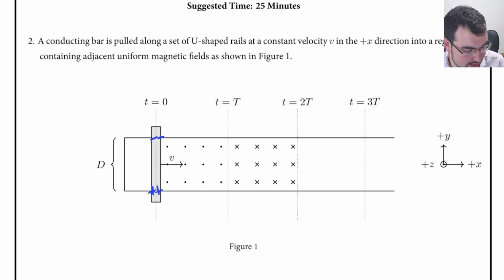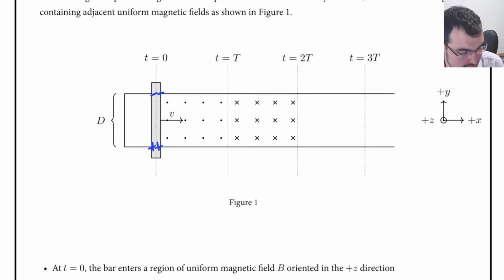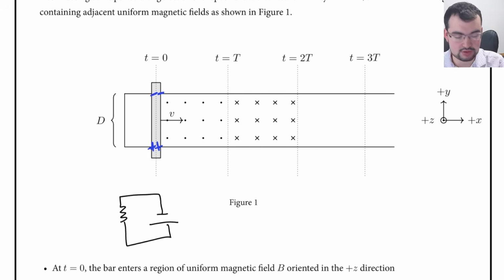So essentially we've turned our bar at this short time into a battery like this, and using the Hall effect, we could see we're going to get a current through the circuit.